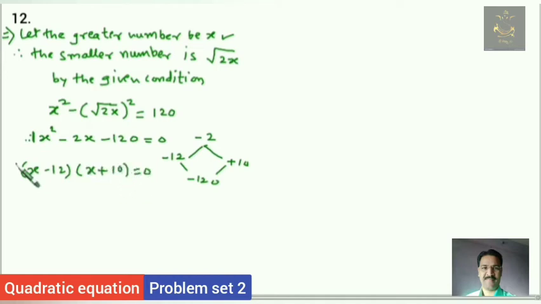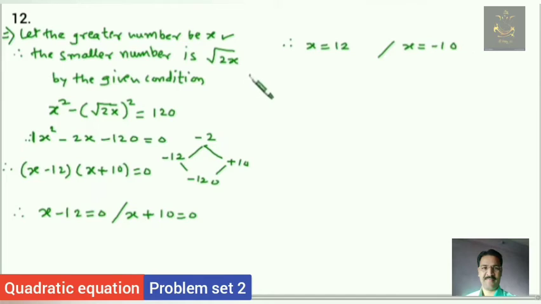Now the product of the two brackets is 0. Then we have to write first may be 0 or second may be 0. Now simplify here. Therefore x equal to 12 or x equal to minus 10. Look here, the numbers.